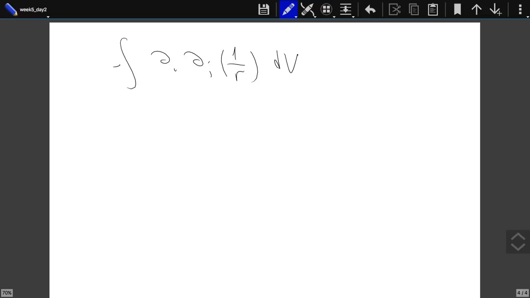Now I will make the assumption of a sphere. Integrate over a sphere. And the reason why I will make that assumption is that this is equal to 0 if I is different than J. Can you see it?